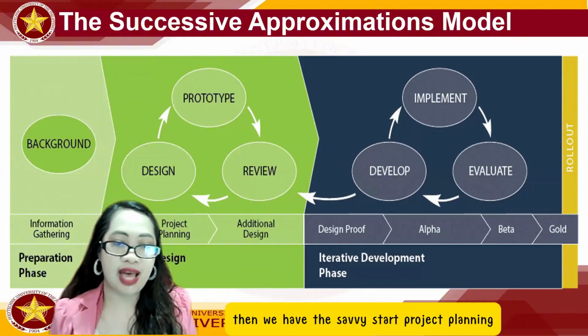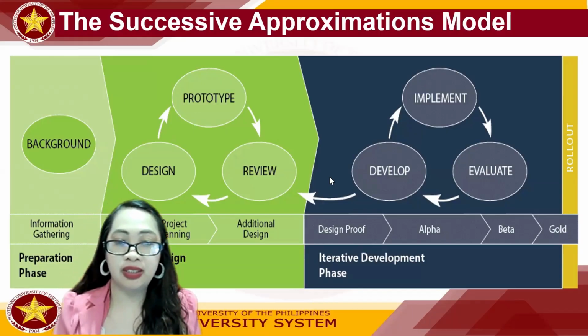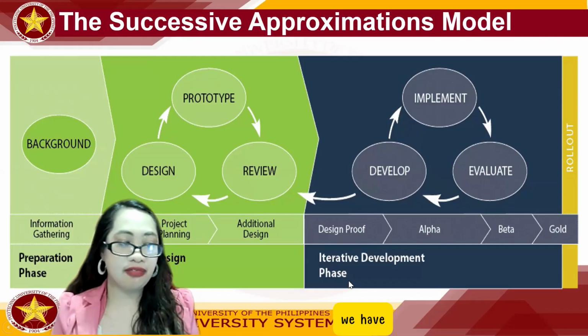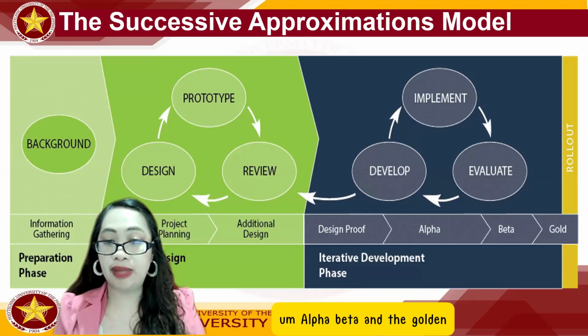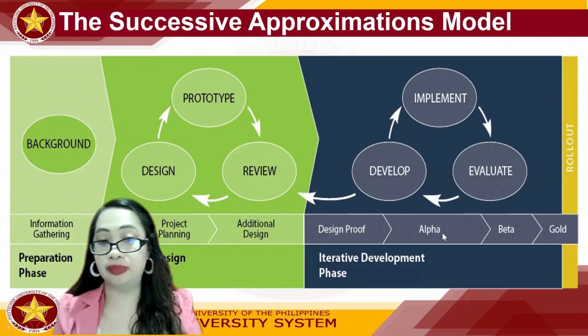Then we have the savvy start, project planning, additional design. Then we have design proof. We have alpha, beta, and the gold. Then at last, it's the rollout.